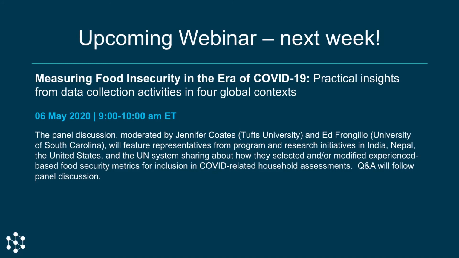There were some questions about M&E, so we're going to have a webinar next week highlighting 4 different groups that have modified or rolled out mobile phone-based approaches to measure food insecurity. We'll be advertising that quite a bit over the coming week. So we encourage you to watch this space and come back.